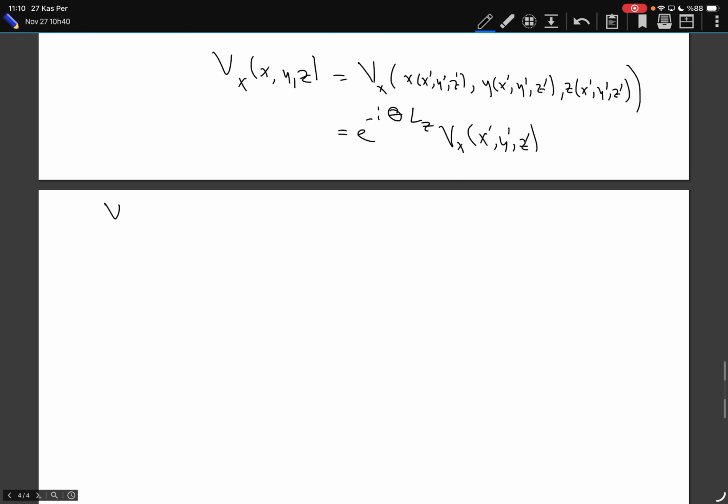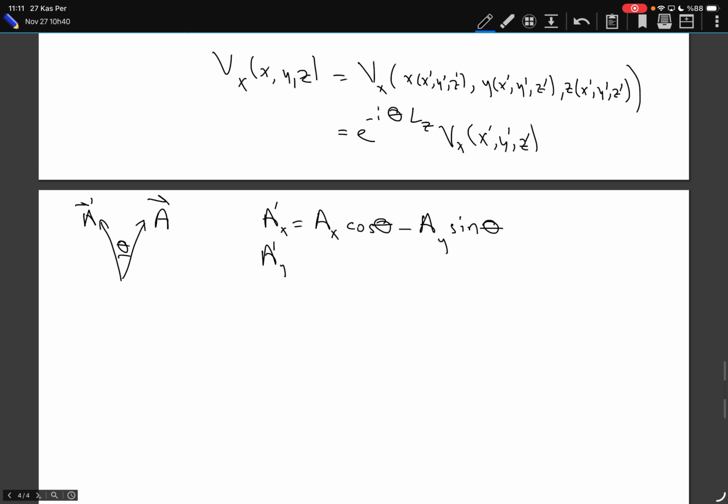Let me just choose an arbitrary vector. This is my vector A. I'm rotating it by theta. This is my A prime with different components. The x component of A prime will be the x component of A times cosine theta minus the y component of A times sine theta.